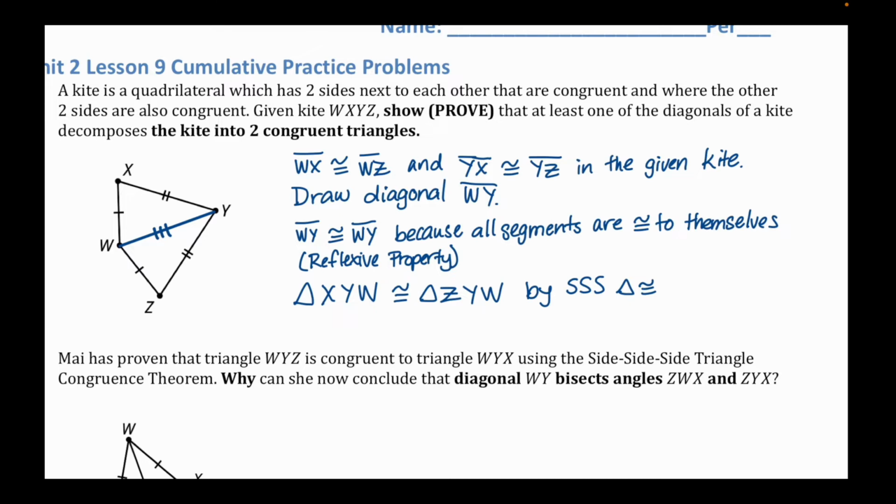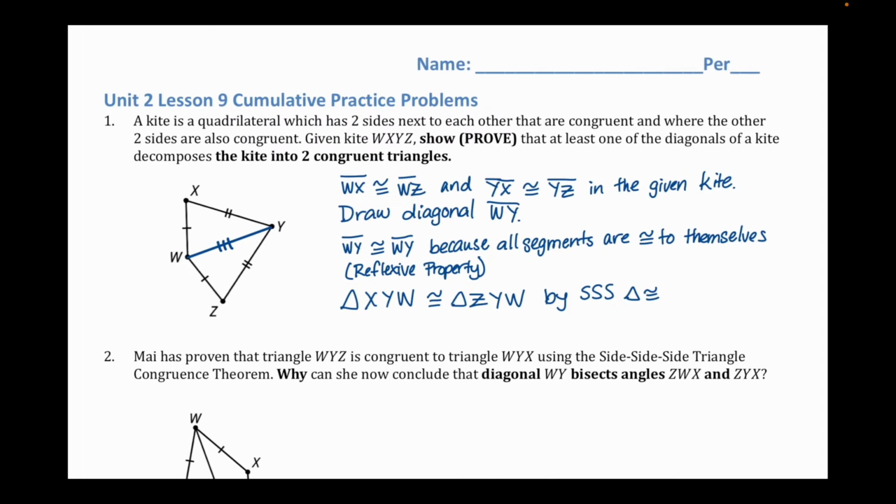And you could just say side, side, side, but technically it's the side, side, side triangle congruence theorem, so we're going to write that. Okay, so that's actually all we need for this one.